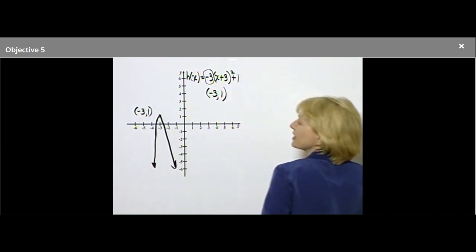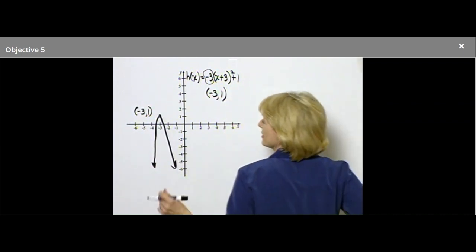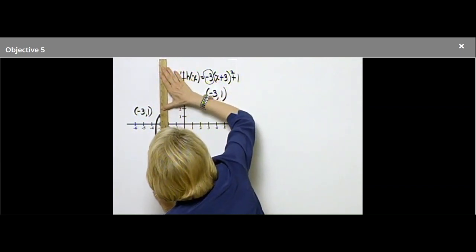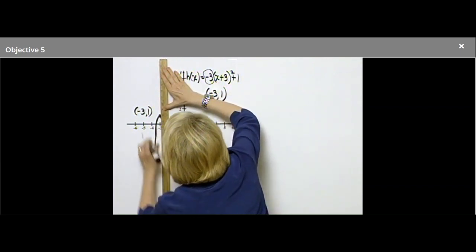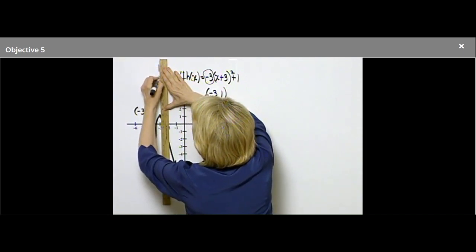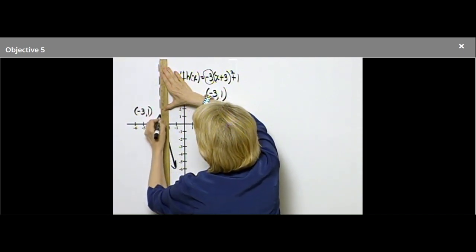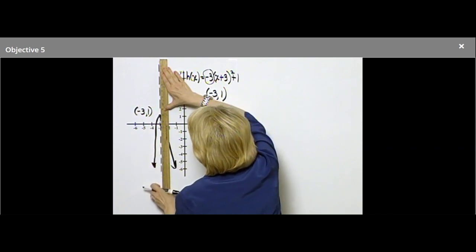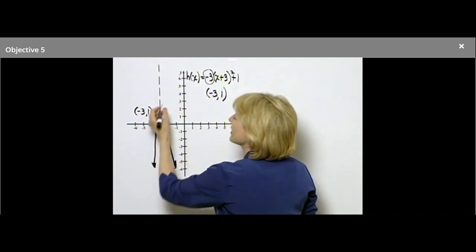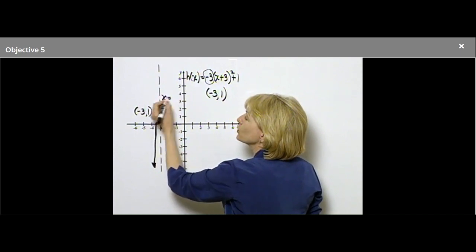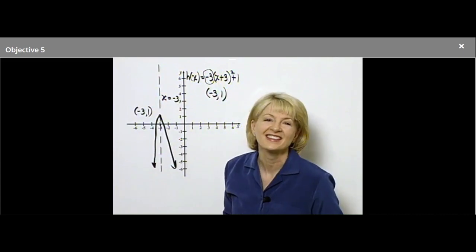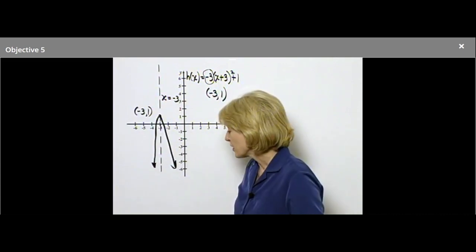Let me go ahead and sketch in the axis of symmetry. And here is a sketch of the axis of symmetry. And you be thinking about the equation of the axis of symmetry. It has equation x equals the x value of the vertex, in this case -3. So there we have it.